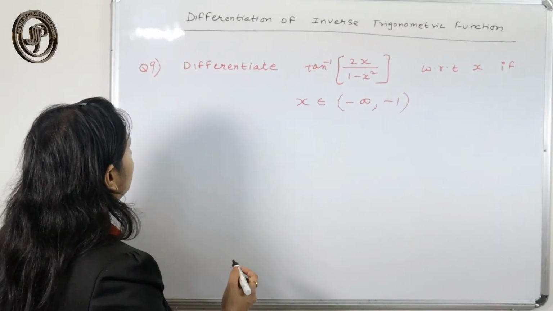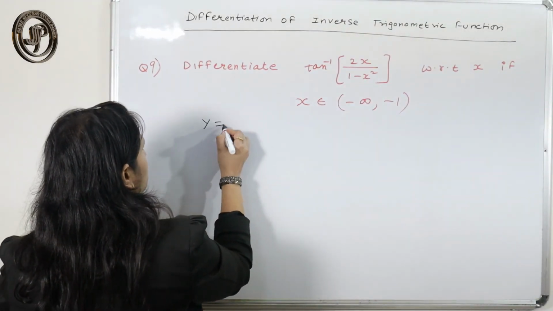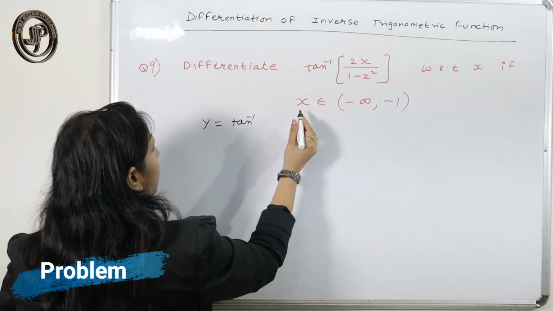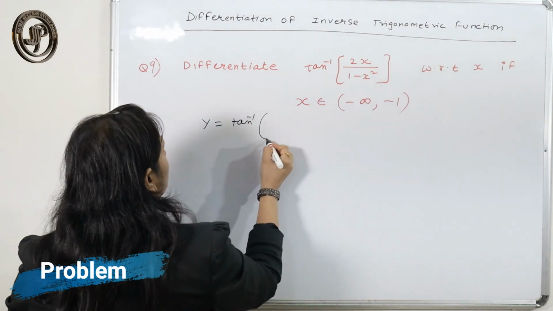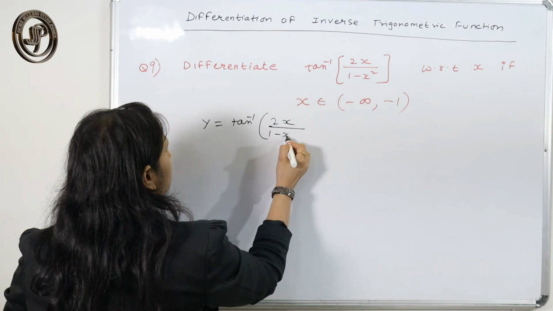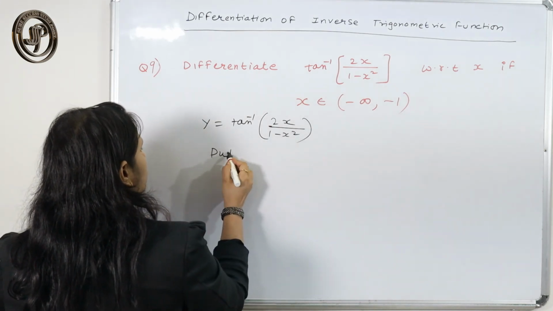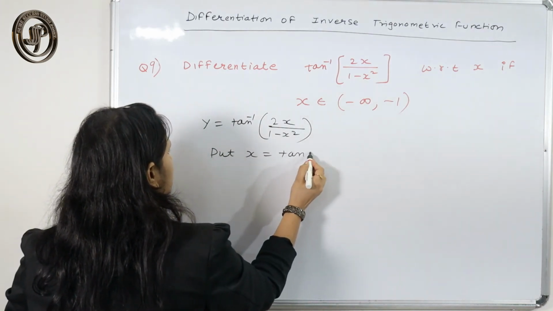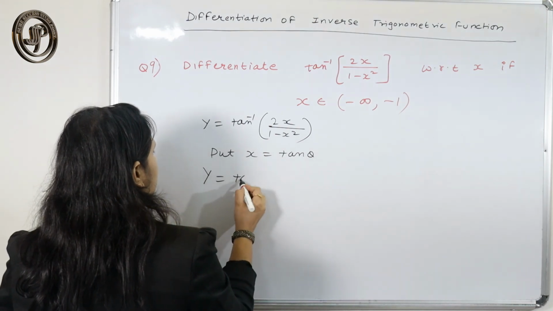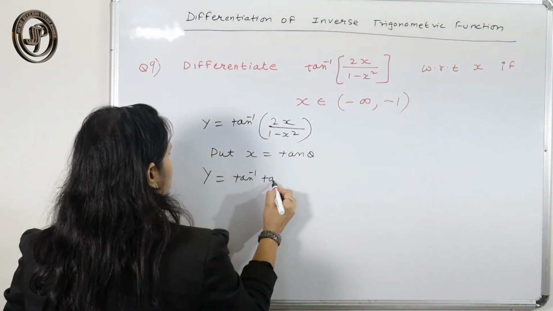So there is one more question. We have to differentiate. The question is the same, but here x does not belong to minus 1 to 1. So it is 2x upon 1 minus x square. Again we put x as tan theta. So y will be tan inverse tan 2 theta.